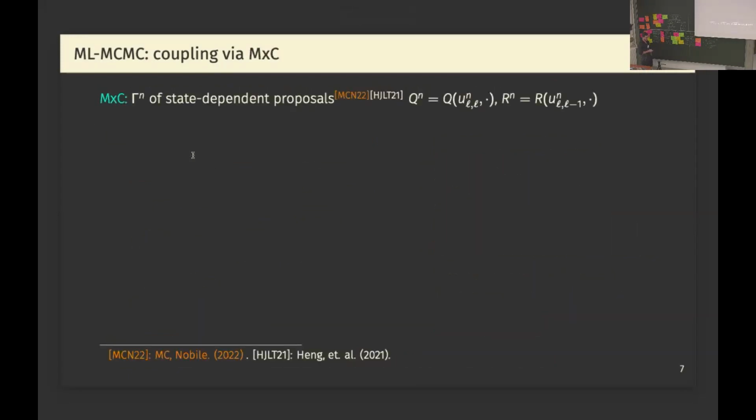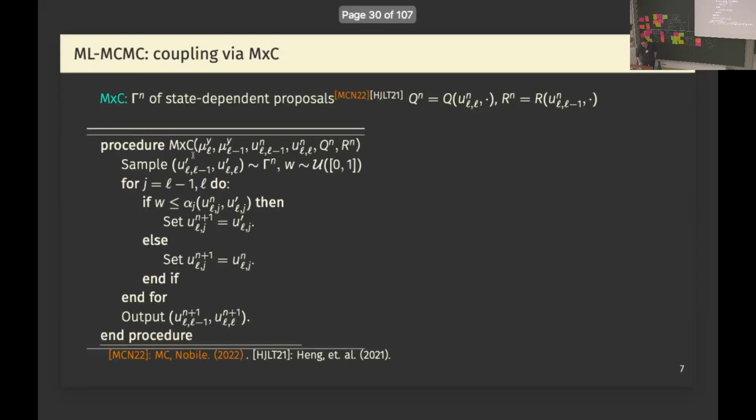Now, the second maximal coupling algorithm that we looked at, that admittedly Hang and others got ahead of us and published first, is a maximal coupling of state-dependent proposals. So here, if I take my Q_n and R_n to be these state-dependent proposals, so again, a random walk Metropolis or a pCN algorithm, the procedure looks quite similar.